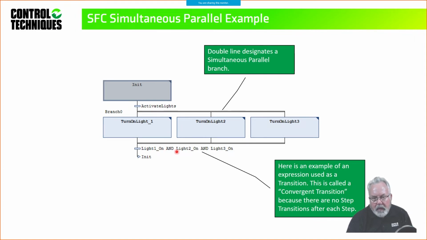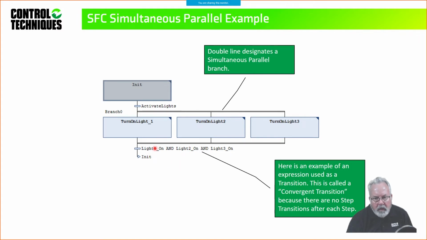And then at the end here, I have an example of what's called a convergent transition, in the sense that there are no step transitions after each of these steps. There's only this one, and this is an example of using an expression as a transition.